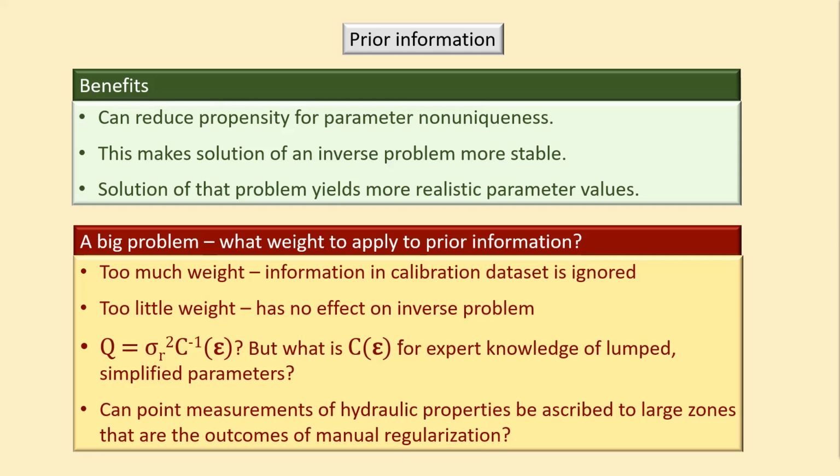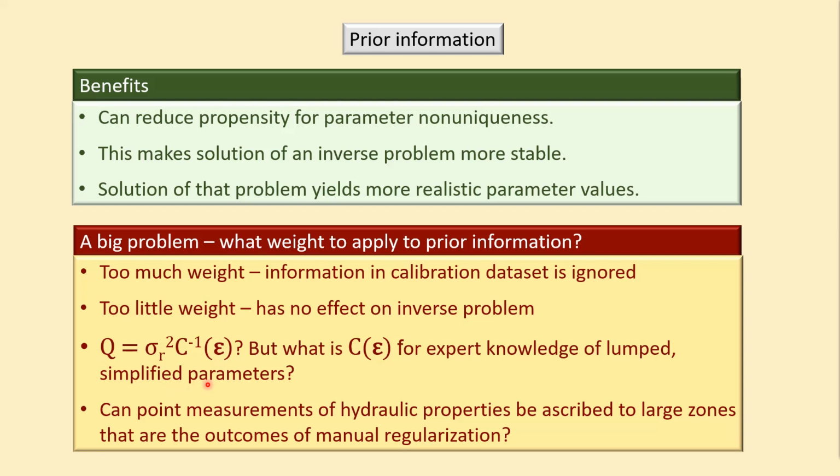And then we come back to the problem of weights. Ideally, this is the formula that we use to ascribe weights to measurements comprising a calibration data set. The same formula, ideally, should be used applying weights to prior information. But what is the uncertainty of intuition?